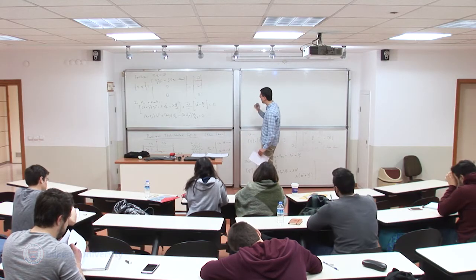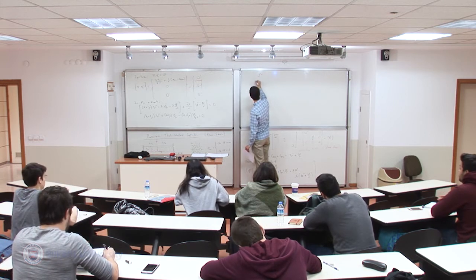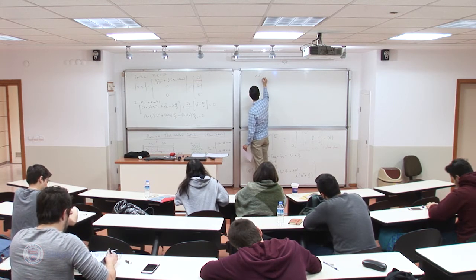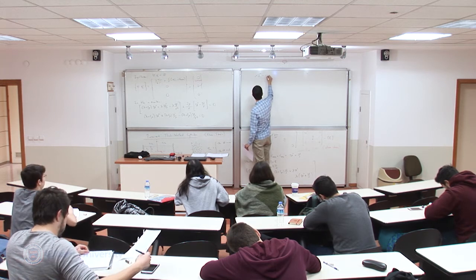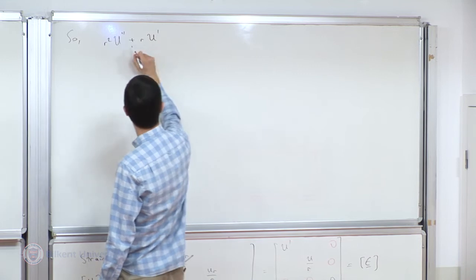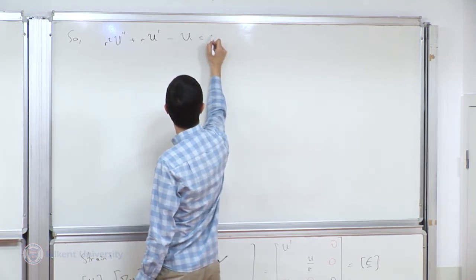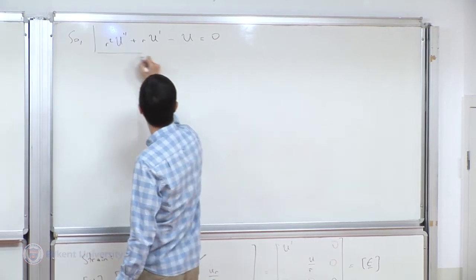Okay, so as usual, we can get rid of the material parameters and then multiply through by r squared: r squared u double prime plus r u prime minus u is equal to 0. That's what we're trying to solve for.